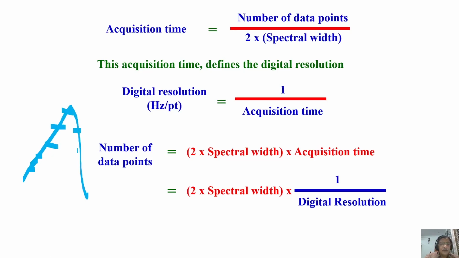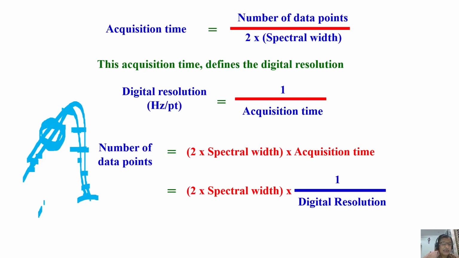I will digitize and collect. The hertz between any two data points is what is called digital resolution. Let us say I collect one data point here, another data point here, then you will not be able to resolve the spectrum at all. There is no digital resolution for it.